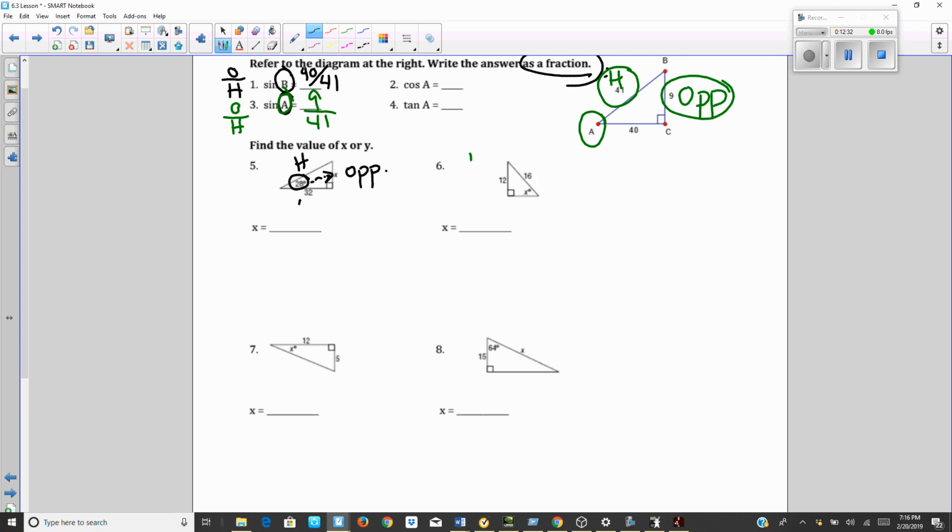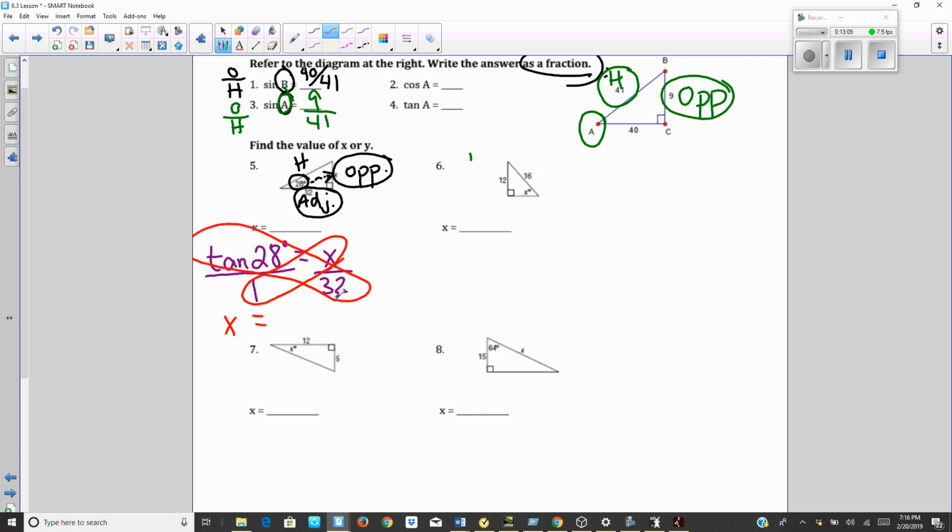So that means 32 is the adjacent side. So I'm going to circle adjacent, and I'm going to circle opposite. That's O and A. So that tells me that's the tangent trig function. So we're going to take the tangent of 28 degrees and set it equal to X over 32. And of course, just cross multiply to get your answer. A little bit easier when X is on the top.